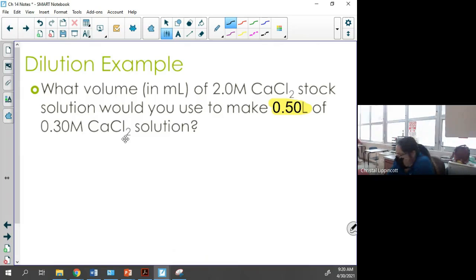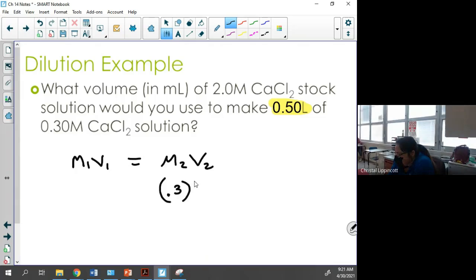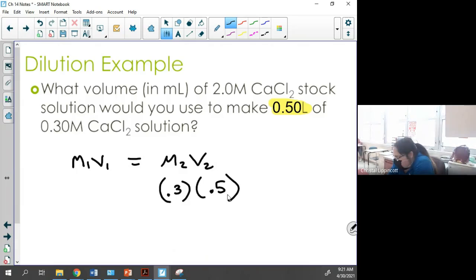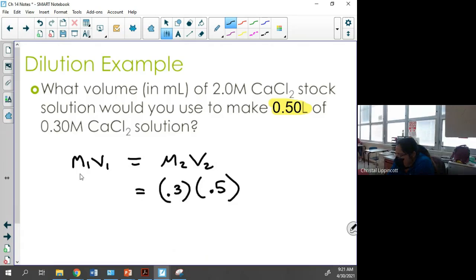So this is a real common one that I run into here. So my M1 V1 equals M2 V2. So we want to get to this situation. We know that we need to get to 0.3 molar on this side times 0.5 liters on this side. We know that our stock solution is starting out at 2 molar.